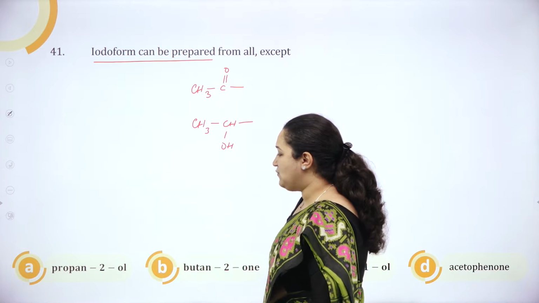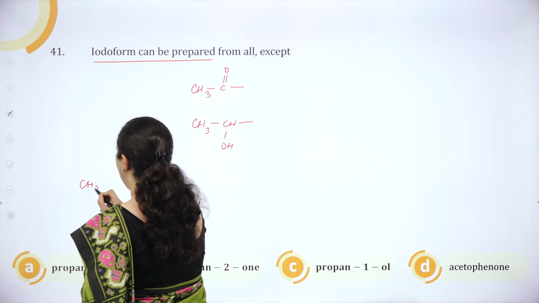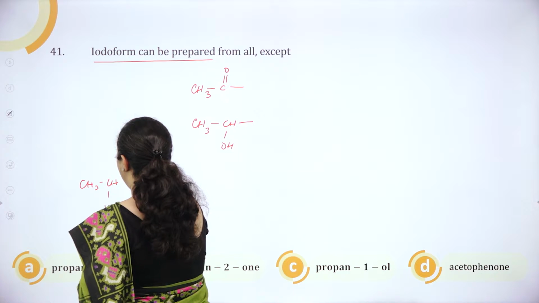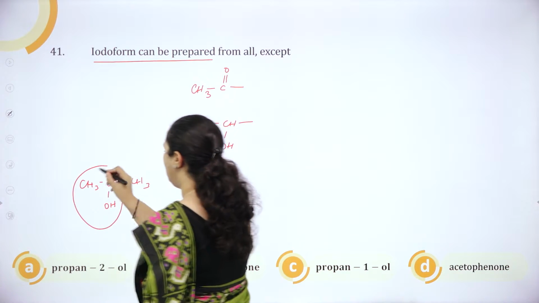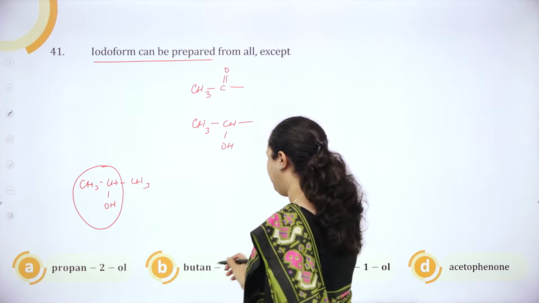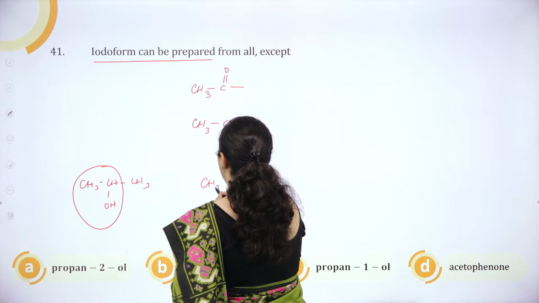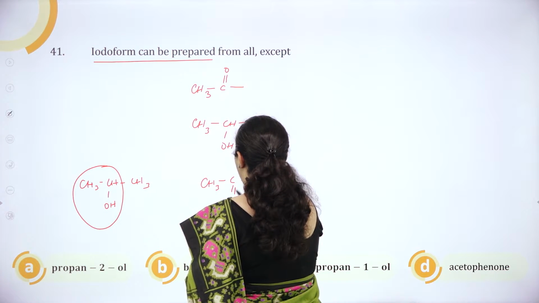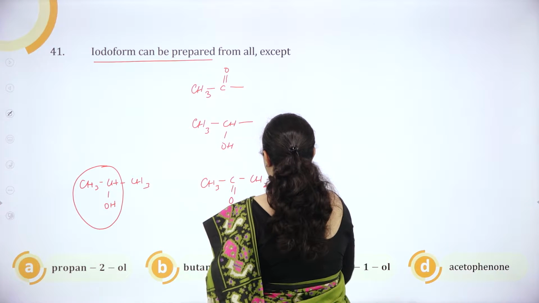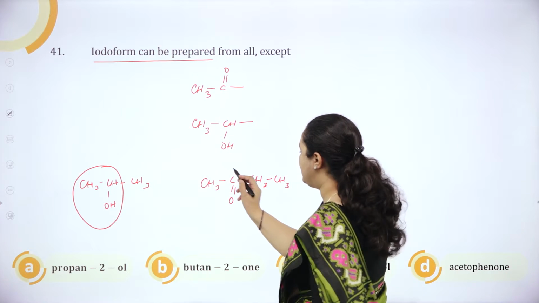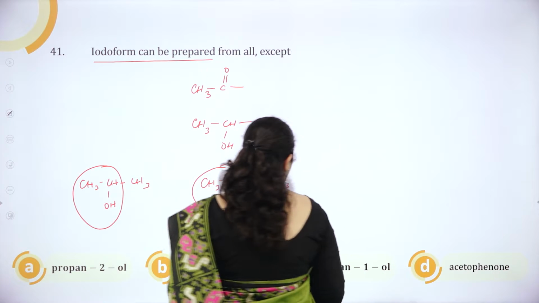First one, propan 2-ol, that is, we have CH3 CH OH CH3. So you have this group, iodoform can be prepared. Butan 2-one, so it is CH3 C double bond O CH2 CH3. So you have CH3CO group. So butan 2-one also has a group.